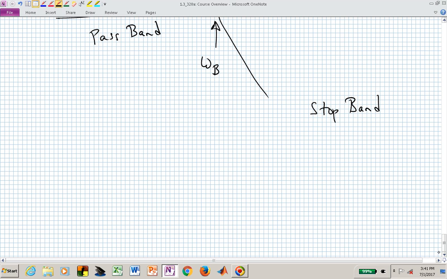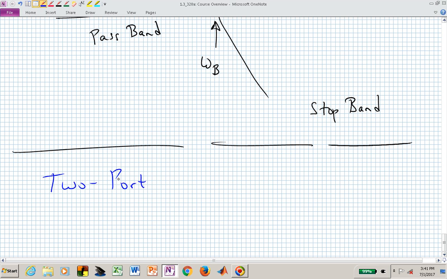And that's the topic of chapter 15, which is dealing with active filters.